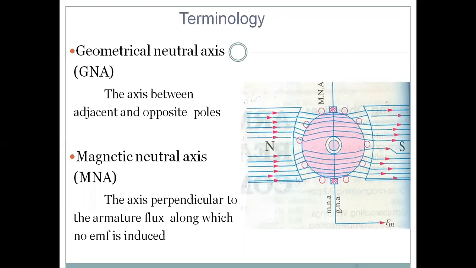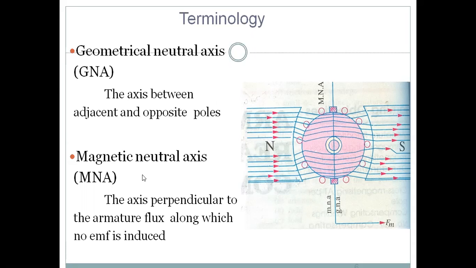MNA may be defined as the axis along which no EMF is generated in the armature conductors as they move parallel to the flux lines. Brushes are always placed along the MNA because reversal of current in the armature conductor takes place along this axis.